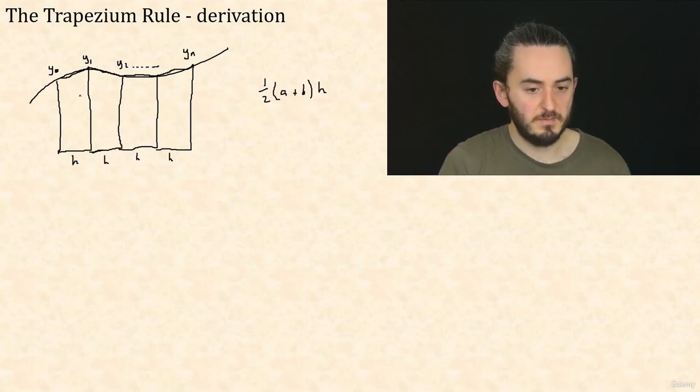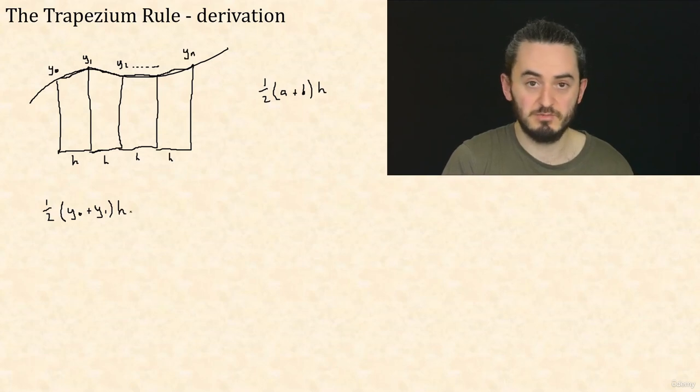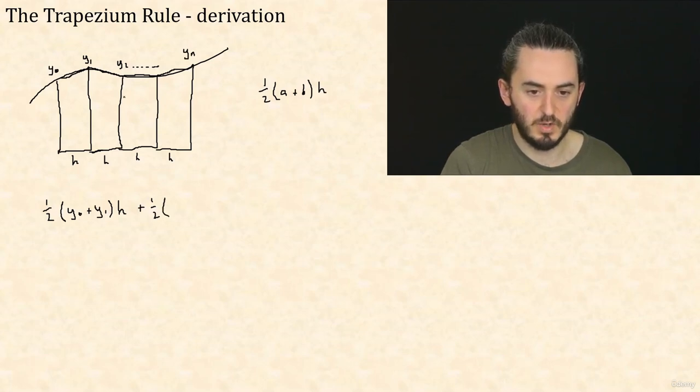Okay, so what does that mean about the area of this trapezium? Well, it is half the sum of the 2 parallel sides, which is y0 plus y1, multiplied by the gap between them, which is h. And then I'm going to add my next trapezium in, which is half the 2 parallel sides added together, so that's y1 plus y2, multiplied by the gap between them.